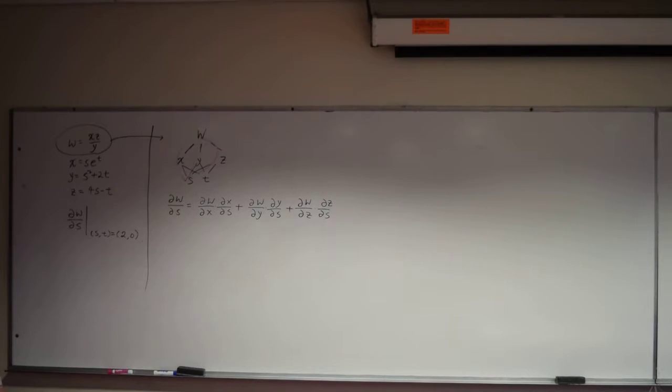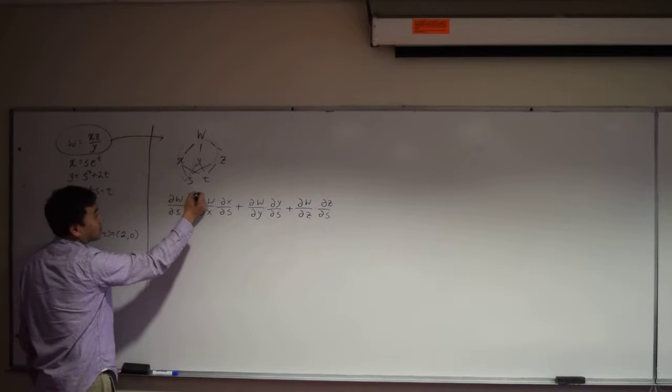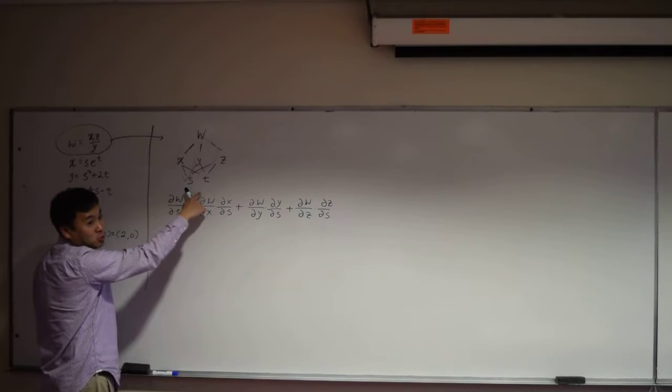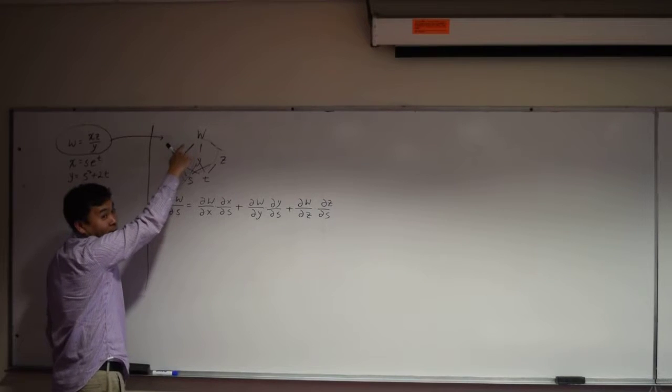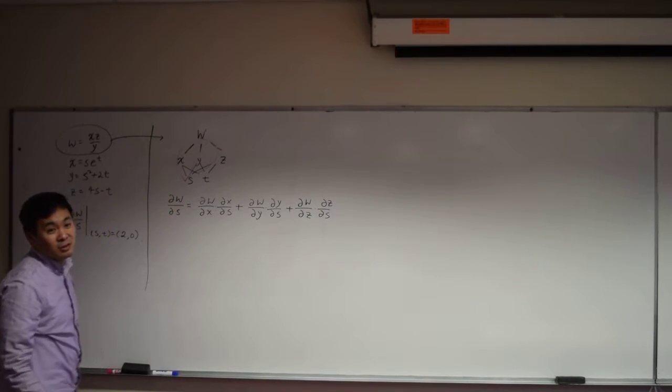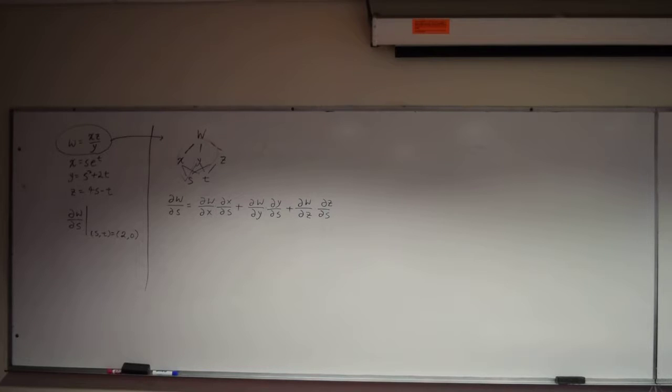I can do second partials, but that would be too much, like ∂²w/∂s∂t. That would be too much computation, so I'm not going to do that. What's possible is maybe I could put a third variable here, call it u, and ask ∂w/∂u. So that could also be something.